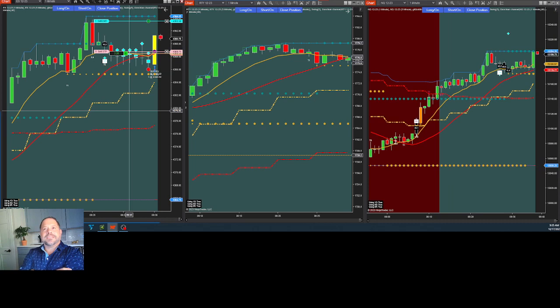Yeah, so it just looks like it took me to break even plus a tick. Let's go. So we're up $200 here. Up 200. So I was looking to try to get. Got it right to the tick there.